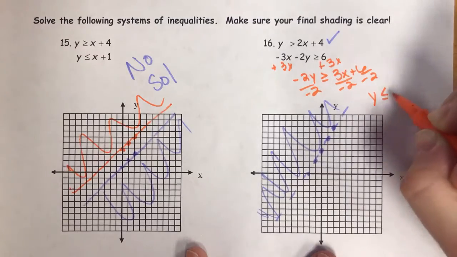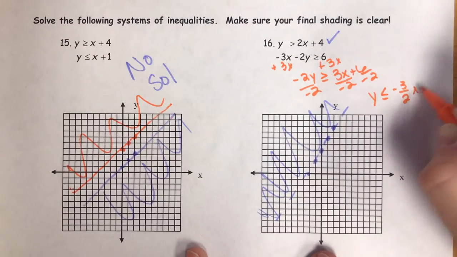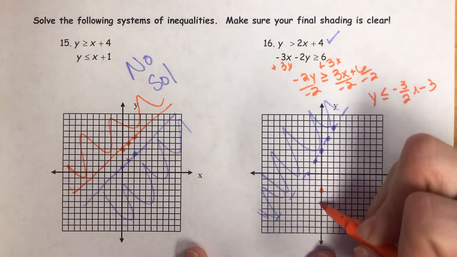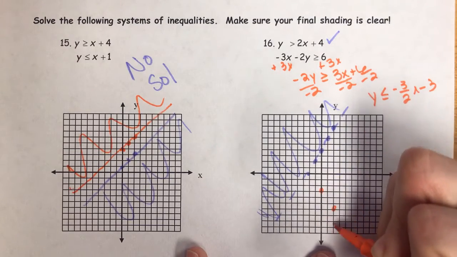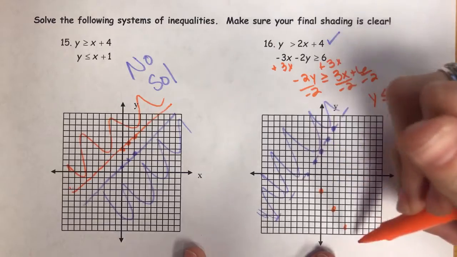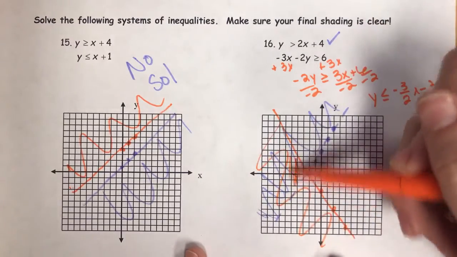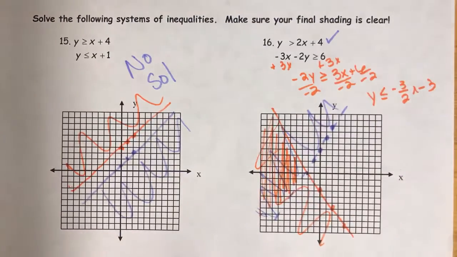Remember, when we divide by a negative, we have to flip that inequality sign. This is going to be a solid line, and we are going to shade below. They overlap over here, so that's going to be our final answer.